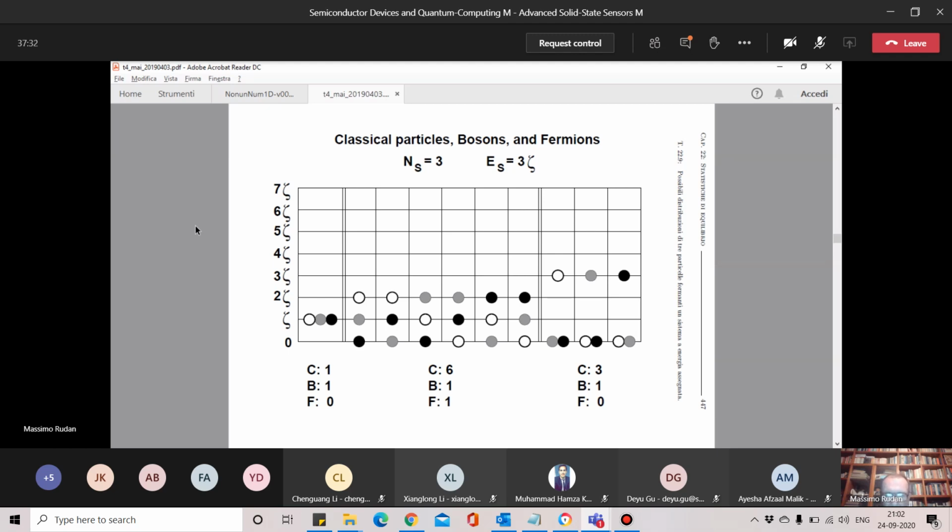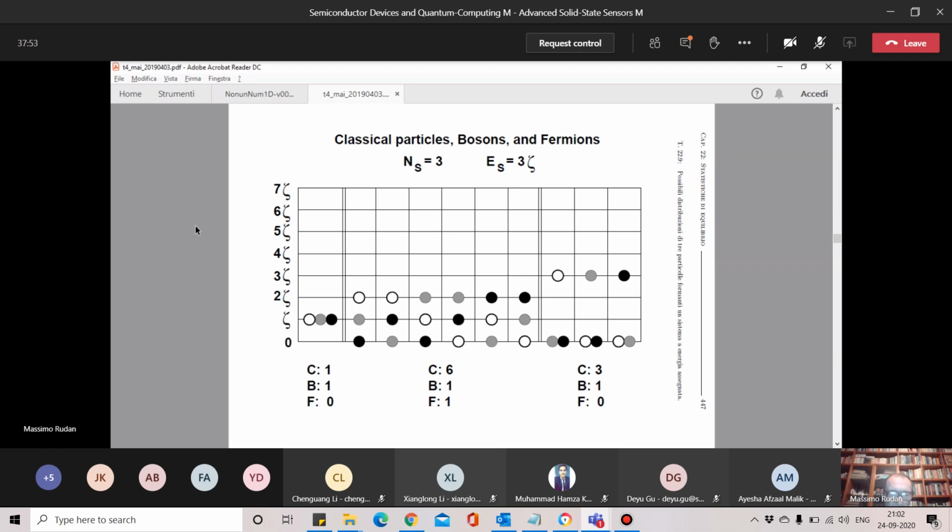Conclusion: this very, very simple example shows that the placement of the particles in the available energy state depends also on the nature of the particles.